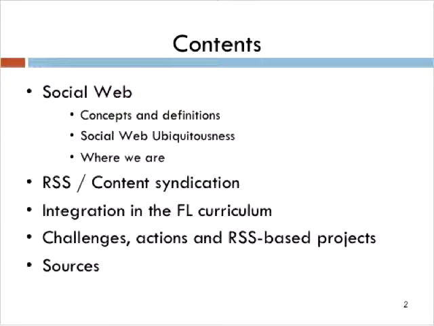Then we'll go over what this acronym RSS, or content syndication, means, what you have to do, what tools you would need, and then of course what is more important, how you can integrate these things and why you can integrate them in the curriculum, in the foreign language curriculum, but also for your professional life.